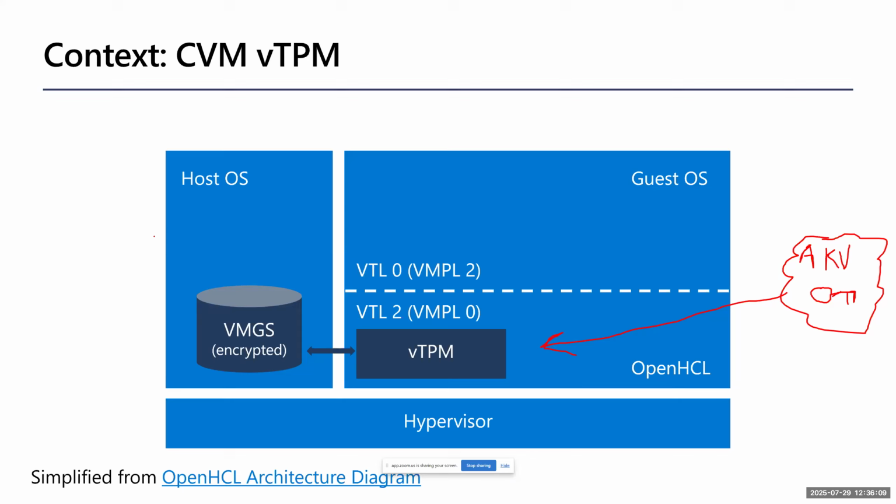Yes, we are actually working on support for doing that. We have what we call stateless VMs, well, almost stateless VMs, where they do just use platform generated keys to encrypt the data that goes into the VMGS.